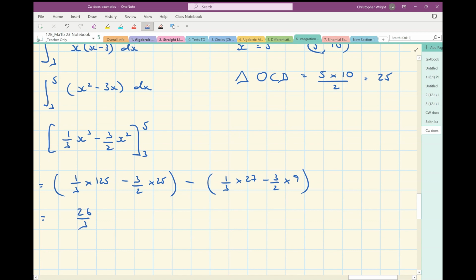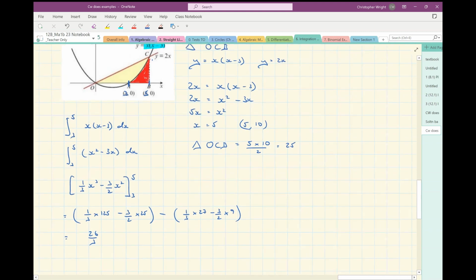So the area under the curve, which I've shaded in red on that top diagram, is 26 thirds. So my yellow area, the area that I'm asked for, is going to be the area of the triangle, subtract the area under the curve between 3 and 5.